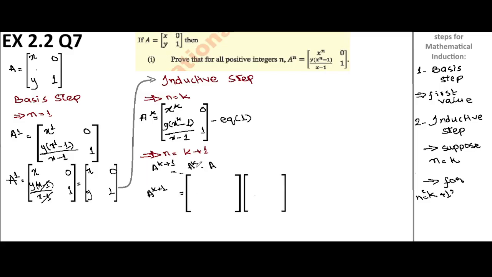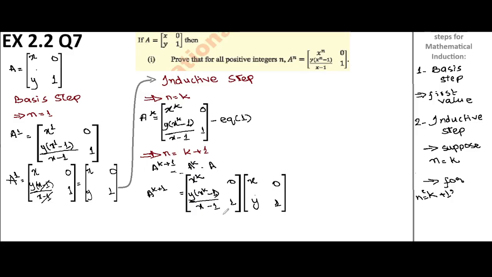The matrix A raised to the power k is equal to this matrix, so we are going to copy paste it over here: x raised to the power k, then y into x raised to the power k minus 1 whole divided by x minus 1, then 0 and 1. And this matrix A is x, y, 0, 1. We are going to write it over here, x, y, 0 and 1.